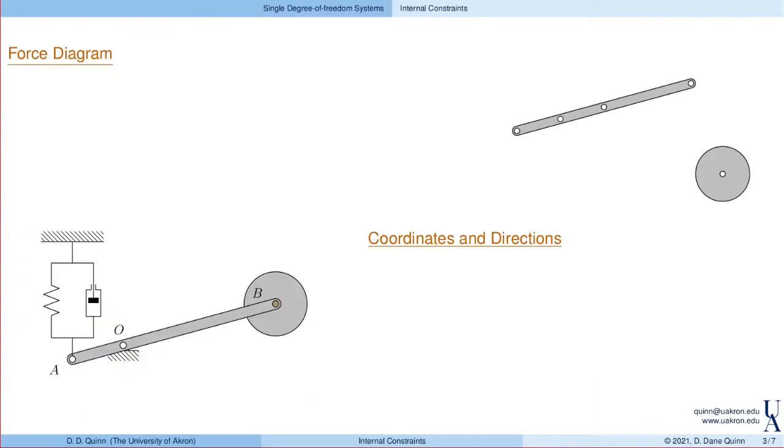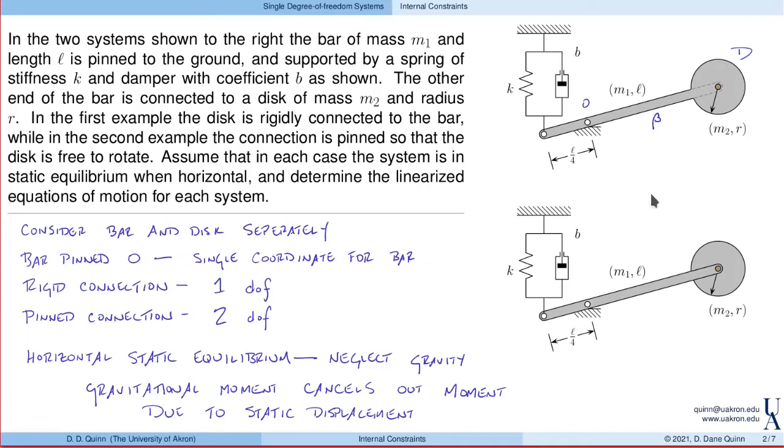Well, the first thing we want to do is identify our forces that act on the system. So here I have the two objects that we'll consider separately. And again, I want to break these up and show how the pin connection differs from the rigid connection. So as best I can, I'm actually going to treat these two problems kind of together.